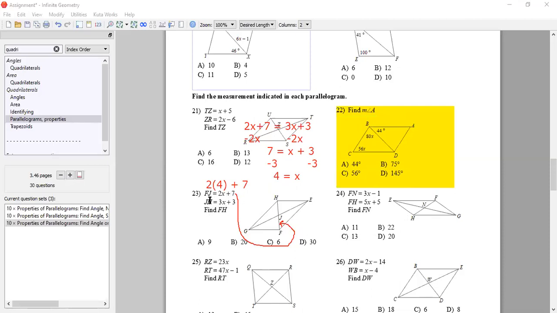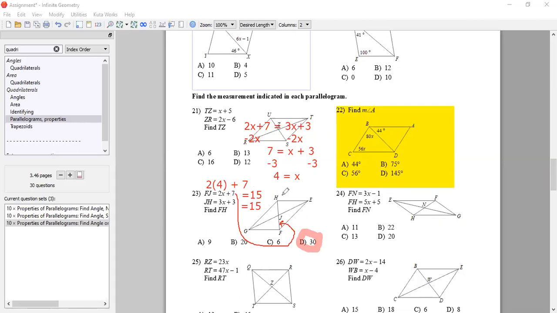When we find the length of one of them, FJ is 2 times 4 plus 7, so FJ equals 15. They're identical, so JH is also 15. What is FH? FH is the whole diagonal length. So it's both of those added together, which would be D, 30.